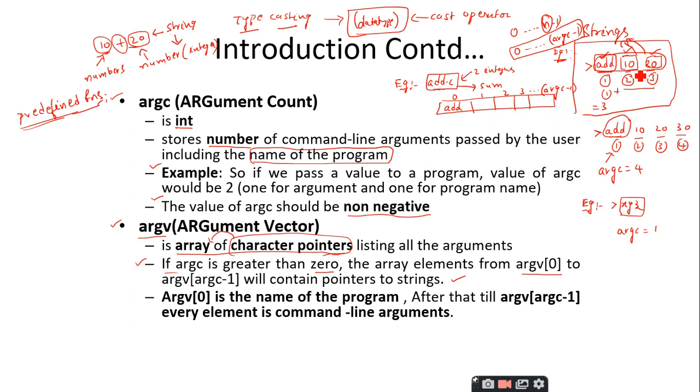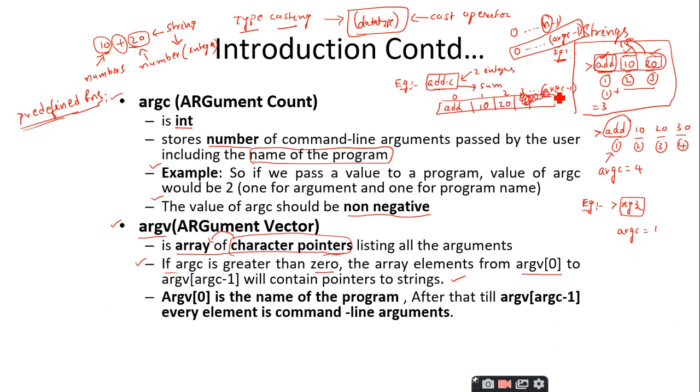And the second parameter given in the command line will be stored in the next index, that is 1. Therefore, 10 is stored here. Similarly, the third parameter given as input in the command line, that is 20, will be stored in the next index, that is index number 2. Therefore, 20 will be stored in this one.